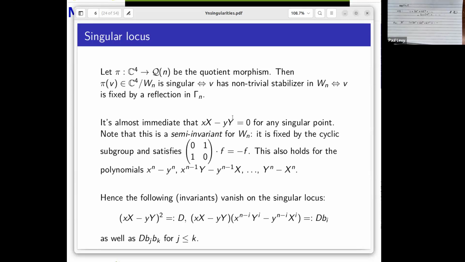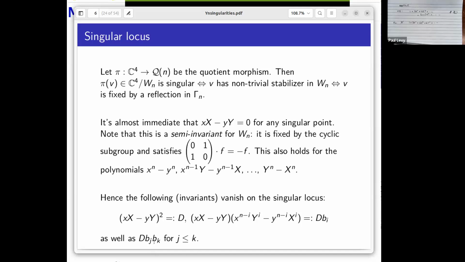I take the square of this thing. This is a kind of discriminant. And then I take this xx minus yy times any one of these, which look like a I, but I've got a minus sign instead of plus, right? So each one of these is 0 on the singular locus.